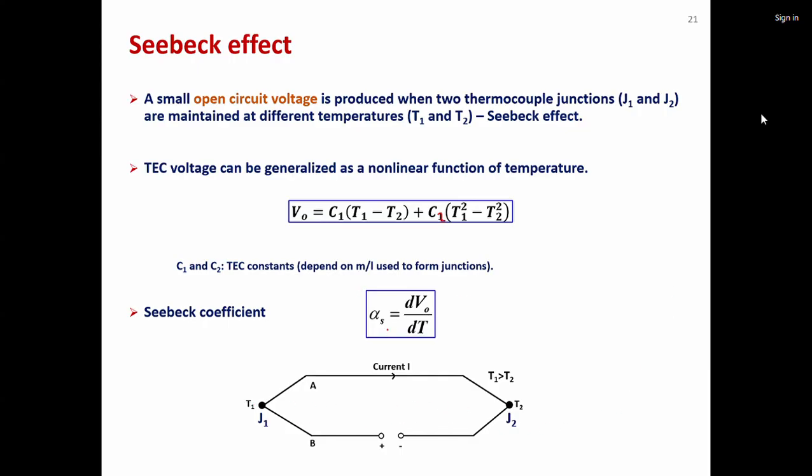So alpha S, which stands for Seebeck coefficient, is basically dV0 over dT. From here you can understand that for a given temperature difference, if the Seebeck coefficient is higher, the output will be higher. So this is kind of the sensitivity of this temperature sensor. If the Seebeck coefficient is higher, then the thermocouple is more sensitive, because for a small change in temperature, you get a large output.